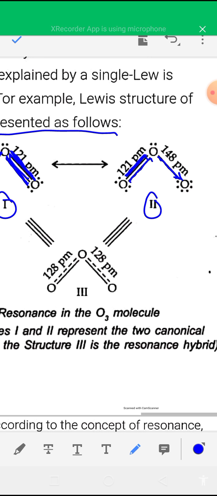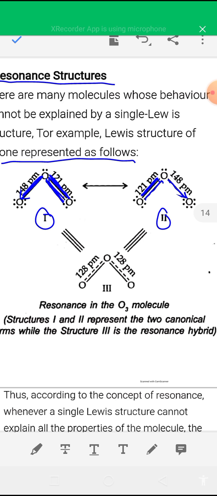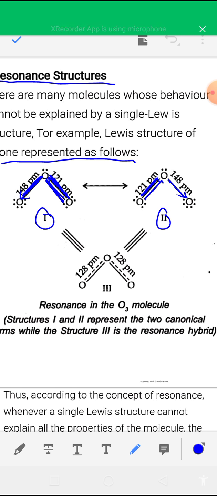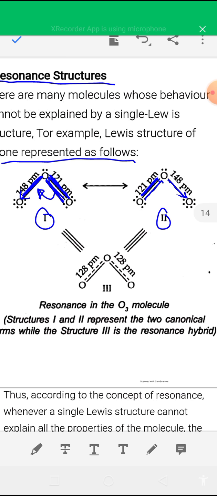So here, delocalization of the pi bond takes place. In a double bond, one bond is a sigma bond, and the other is a pi bond.